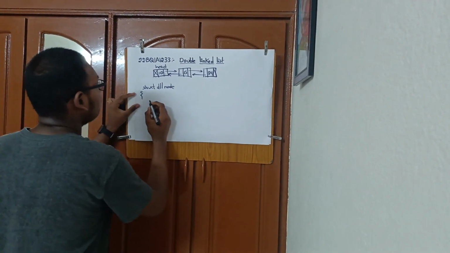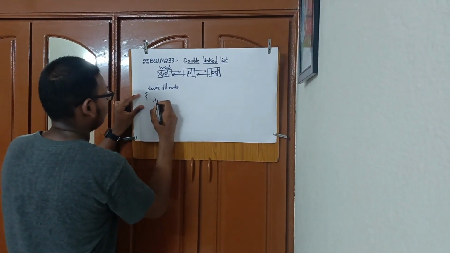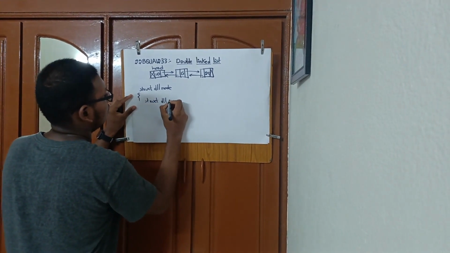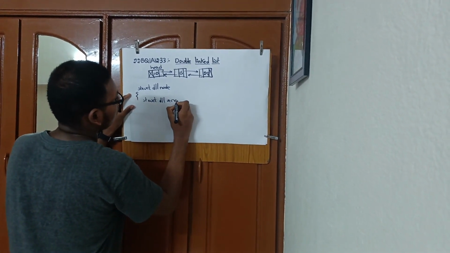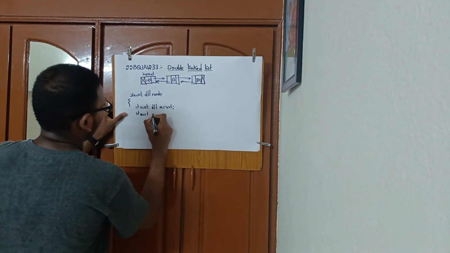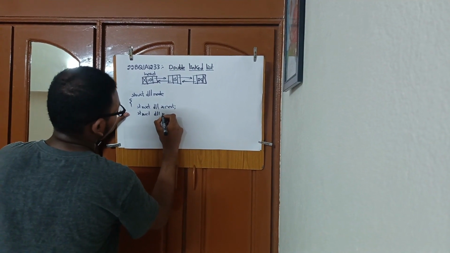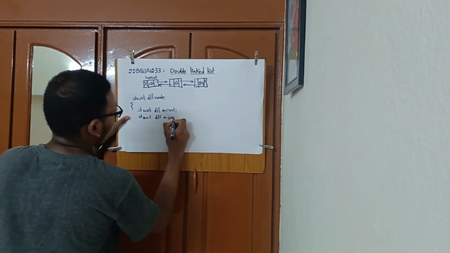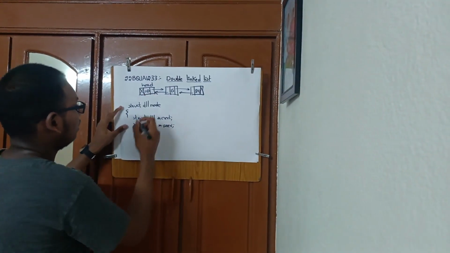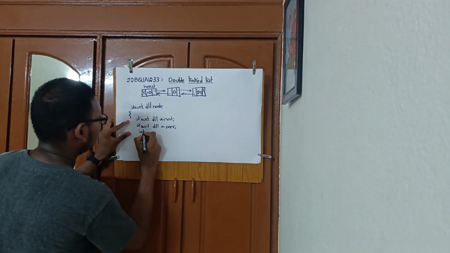I am going to take them as struct DLL start next, struct DLL start previous, and we also have to store data, which is an integer, so I am taking int data.